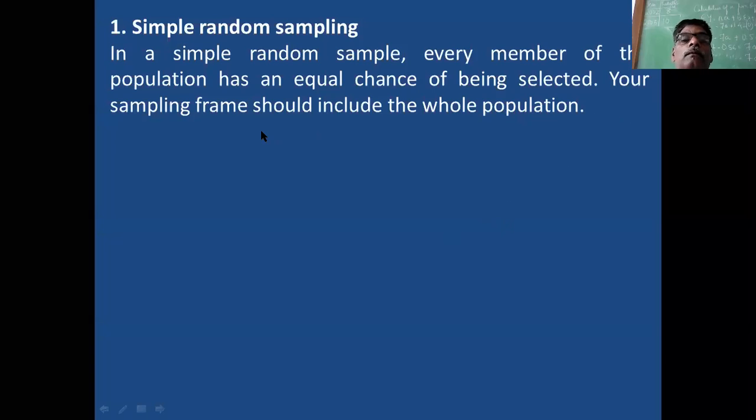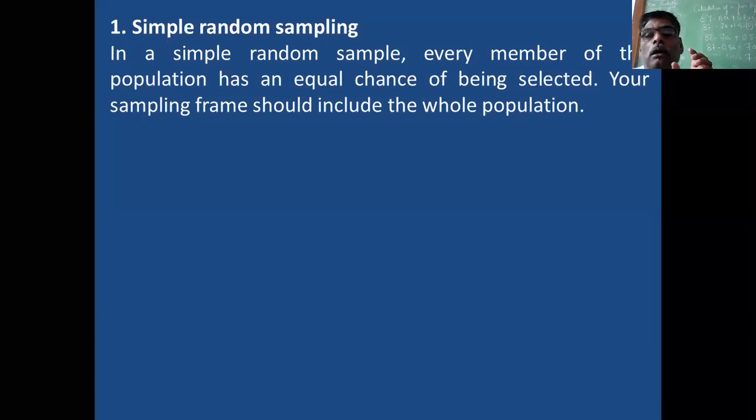Your sampling frame should include the whole population, means out of the total group of members from all the groups, from all members, you have to take required members randomly without any choice or selection. Selection should be made randomly.